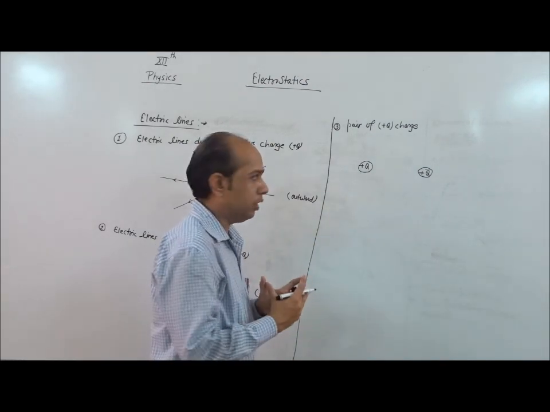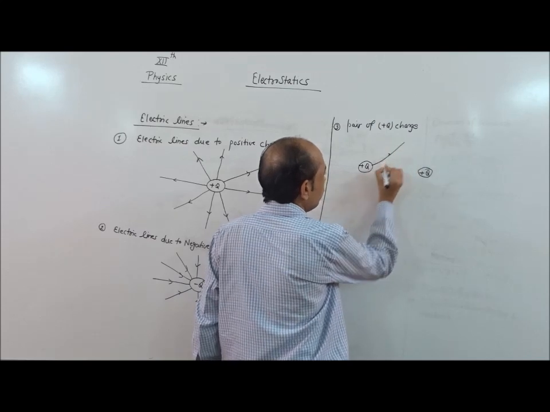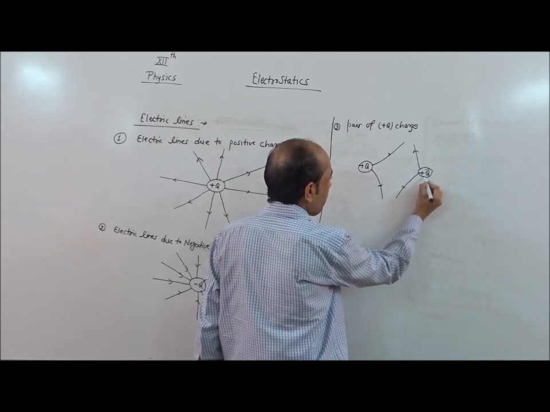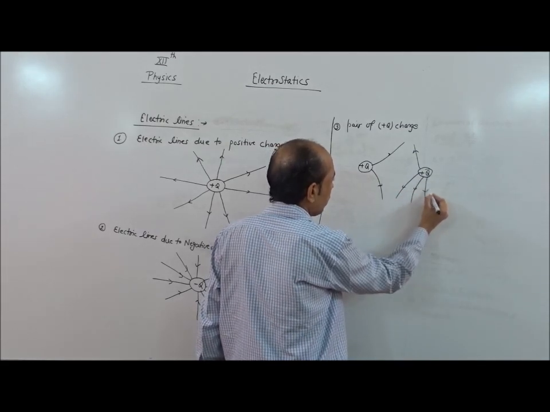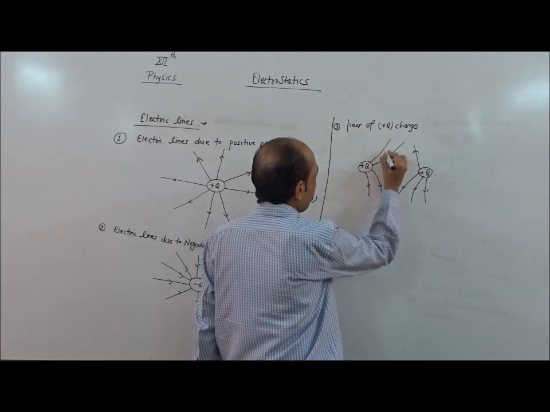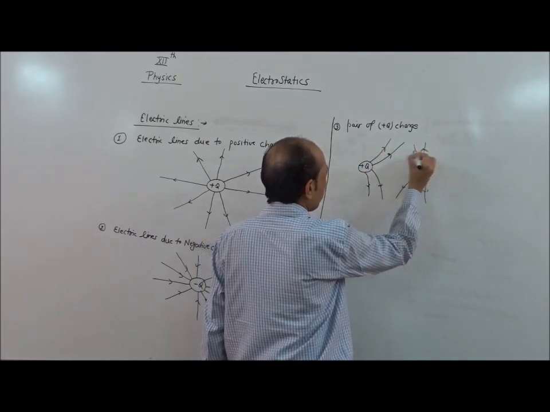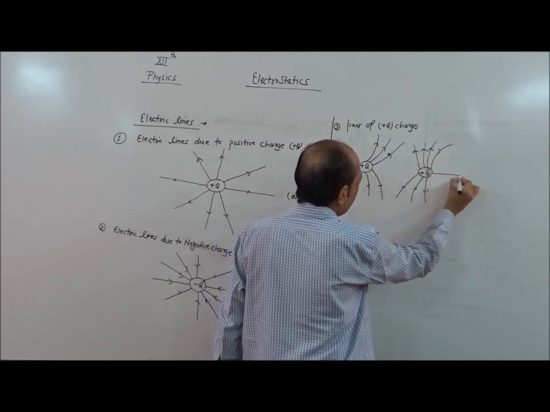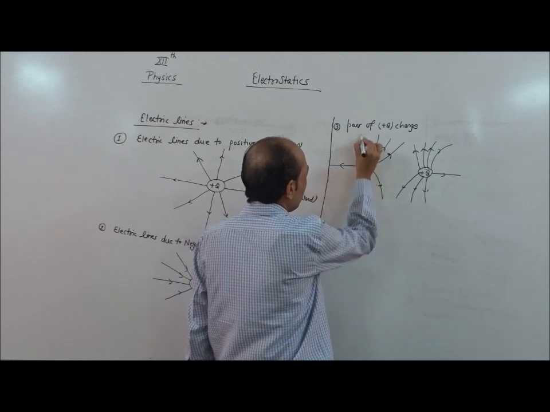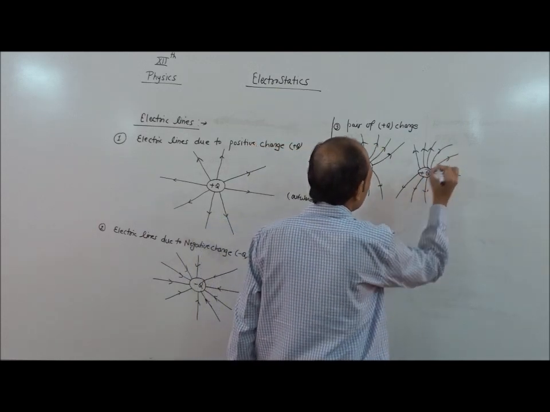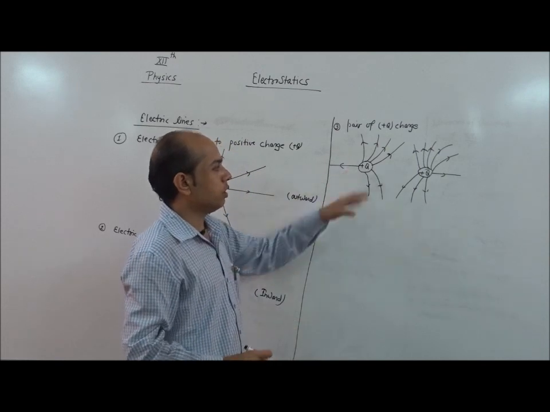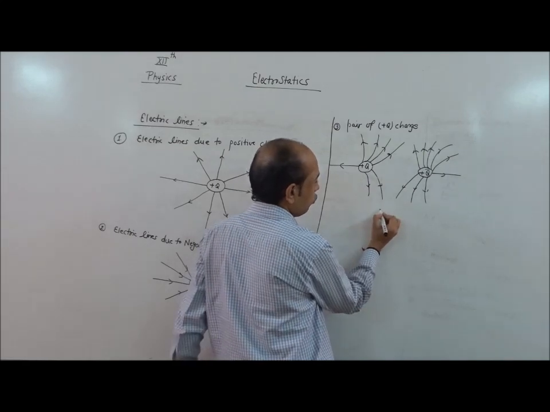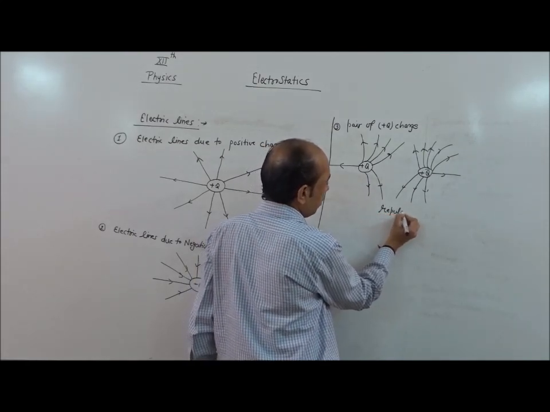That means the lines never meet. So this represents outward lines. So this represents that two lines never meet. So this shows repulsion.